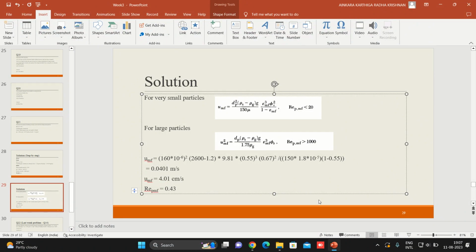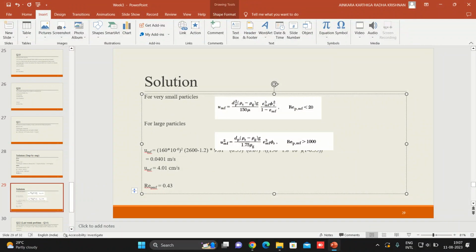So this is 0.0401 meter per second, which when put in centimeter per second, we are getting 4.01 centimeter per second. So how to calculate Re? Now we should find whether the particle Reynolds number is less than this value or not.